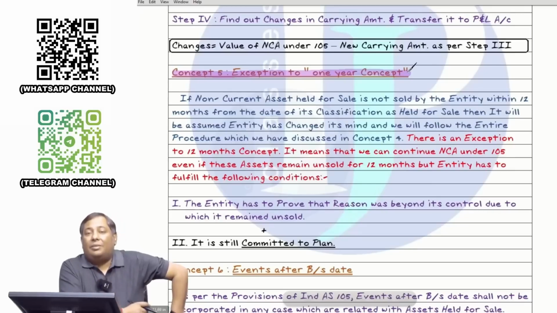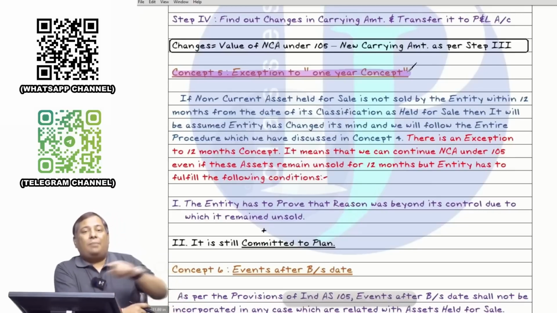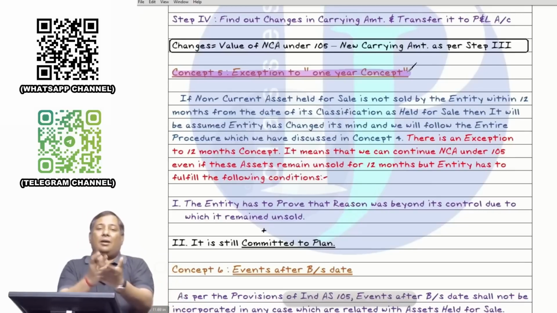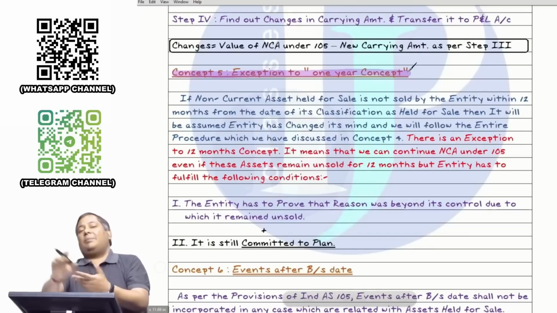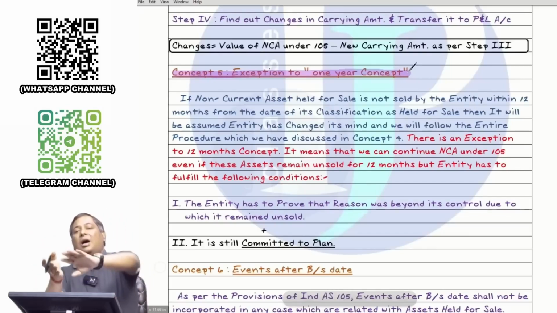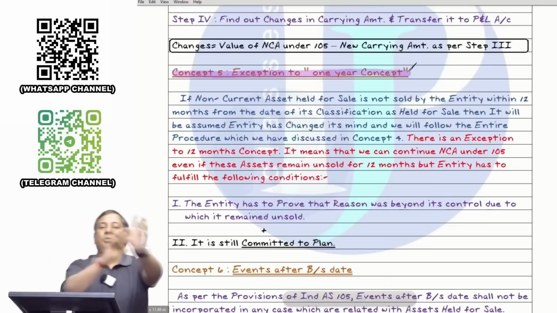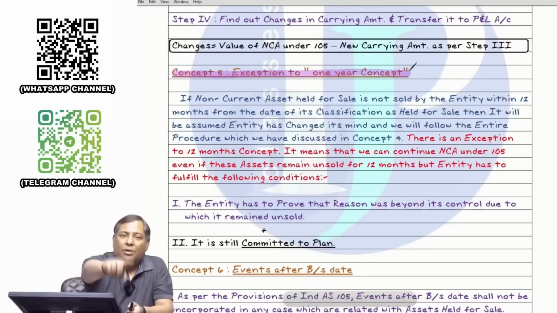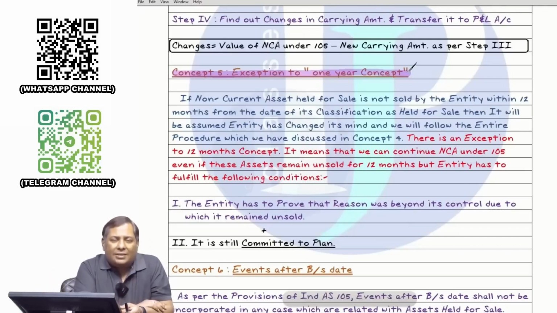So if the asset is not sold, IND AS 105 says, if you can't sell any asset within 1 year, then we will assume that your intention has changed. So you are not interested in selling it, you are interested in using it. We read change in plan in concept number 4, so you can apply that concept. If you are unable to sell the asset within a year, then apply change in plan and reverse it.